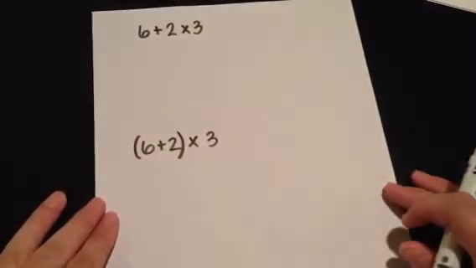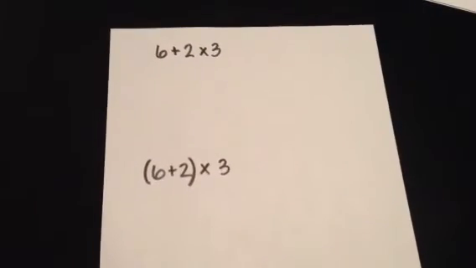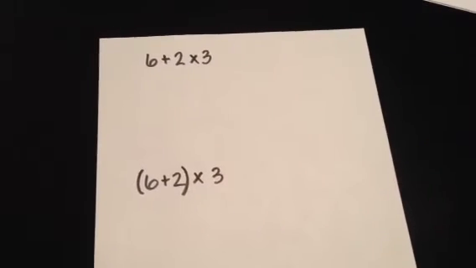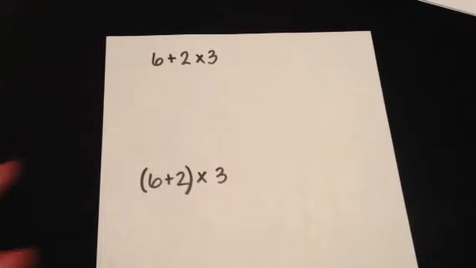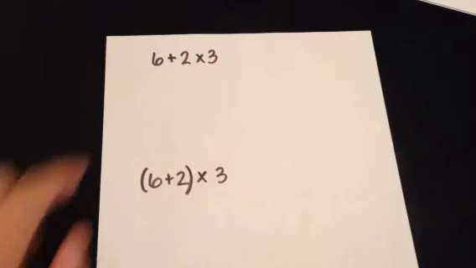On tonight's homework, you do have to draw your own. So here are some examples that we can show. And I chose the same numbers, and all I did was add a set of parentheses so that we could see the difference between the two. So I need to show the problem 6 plus 2 times 3.